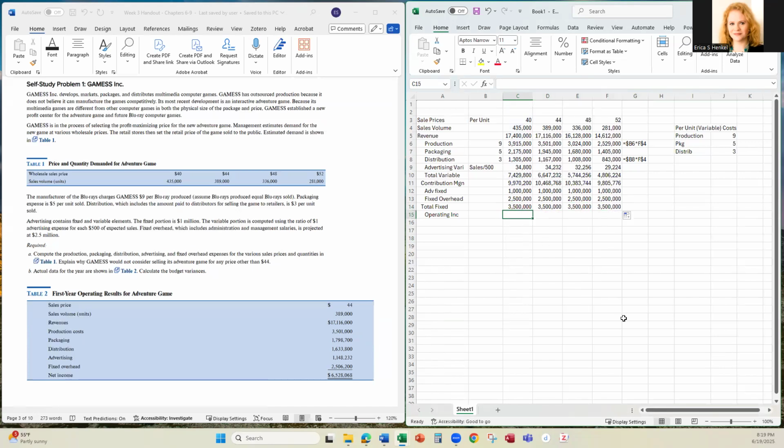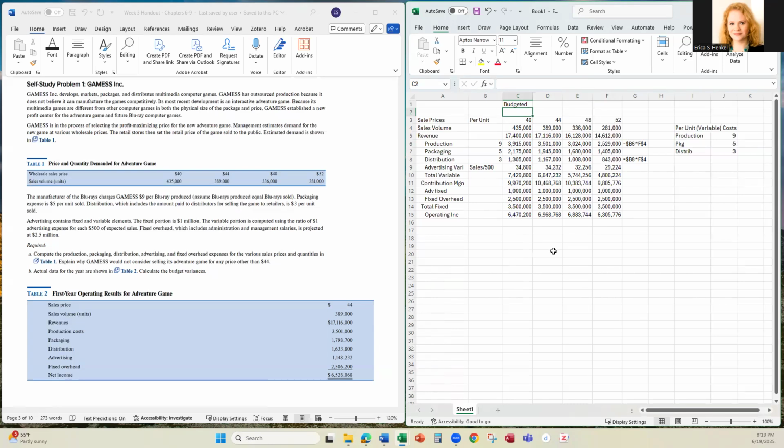And then operating income will be the contribution margin minus the total fixed. Okay, so these are our budgeted amounts here that I put together based on those assumptions that they had here.